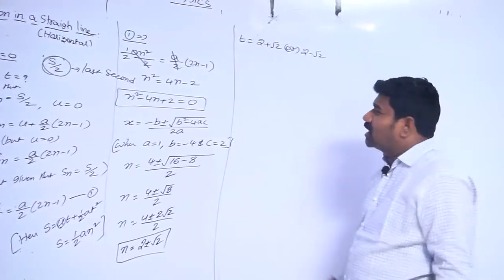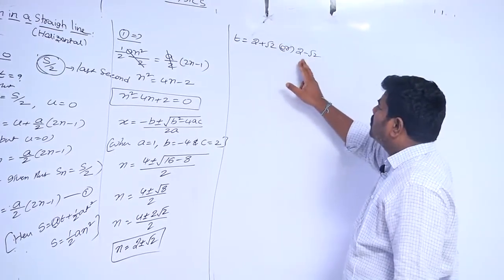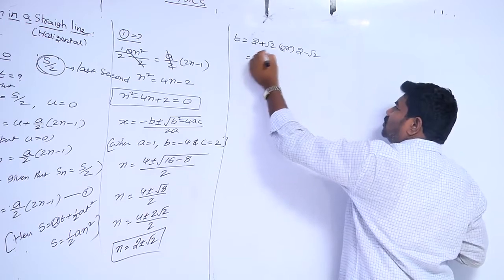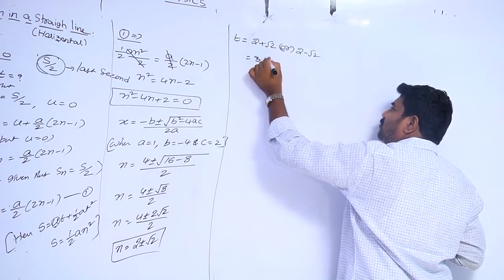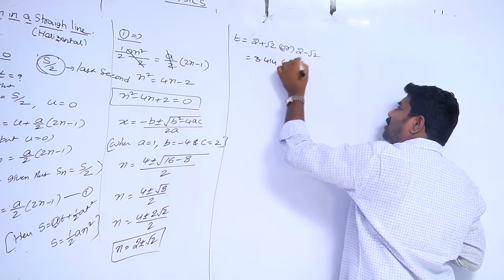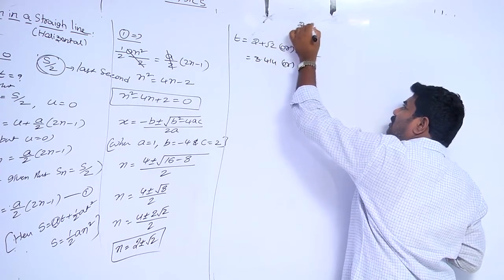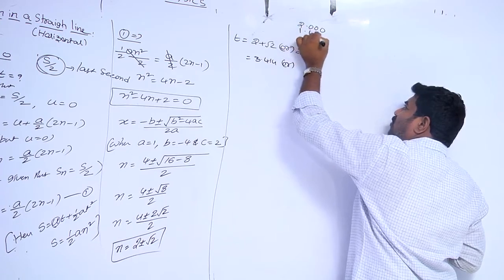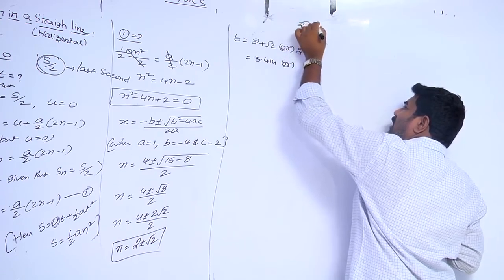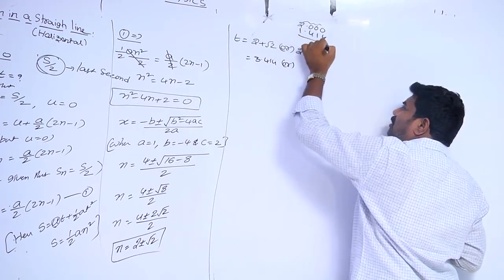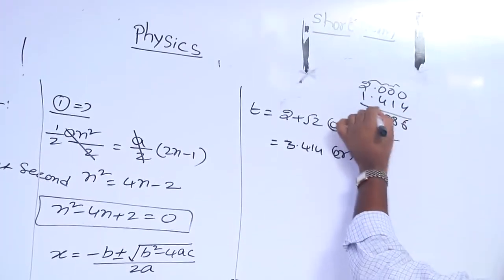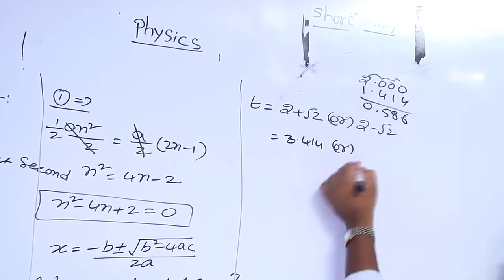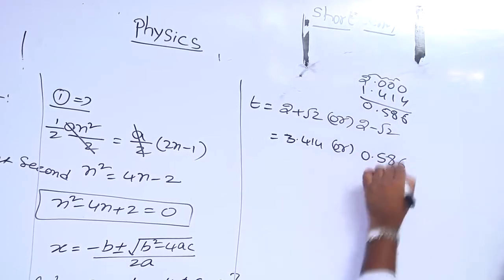Which one is correct? 2 plus root 2 or 2 minus root 2. 2 plus root 2 is 2 plus 1.414, that is 3.414, or 2 minus 1.414, that is nothing but 0.586.